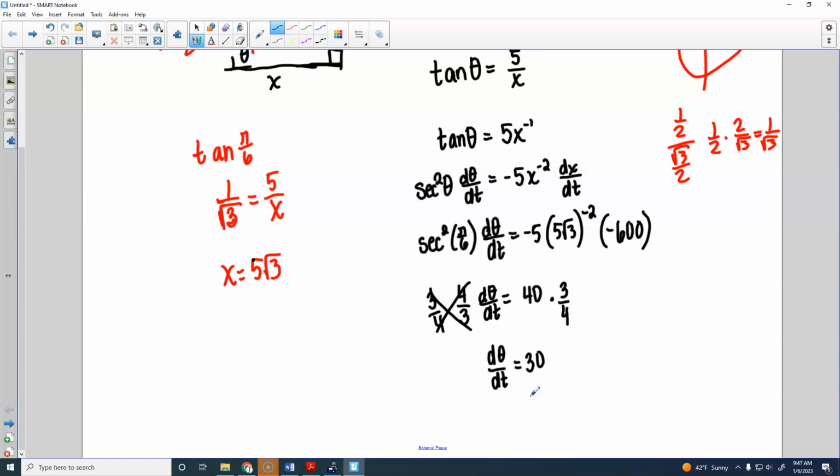Oh, the book gives the answer as 1/2 radians per minute. Did it tell us we had to give radians per minute? It did not. But we plugged in over here, this is 600 miles per hour. So our answer is 30 radians per hour, which is 1/2 radians per minute.